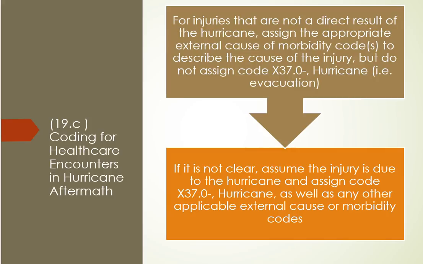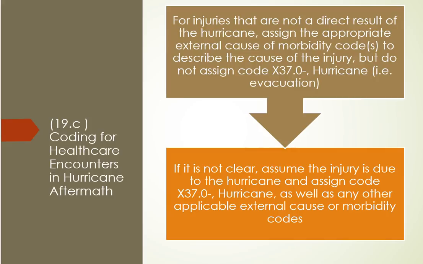All right, next to last, this is guideline C, which is other external causes of morbidity code issues. So when you have situations where there's an injury that's not a direct result of a hurricane, such as an evacuee has incurred an injury as a result of a motor vehicle accident, you're going to assign the appropriate external cause of morbidity codes to describe the cause of injury, but you're not going to assign X37, that hurricane code.